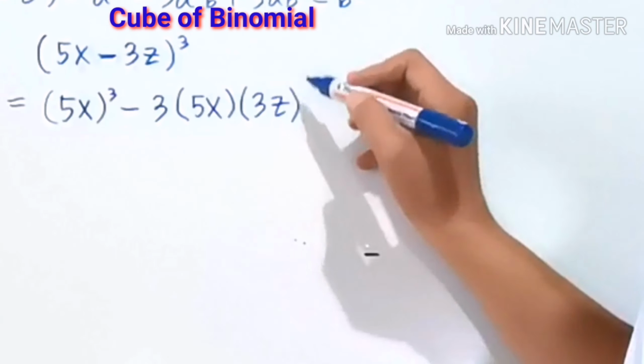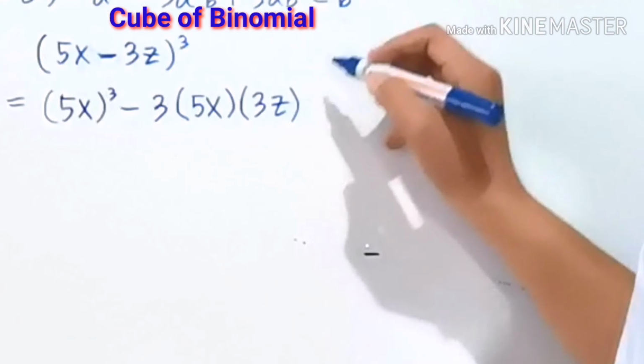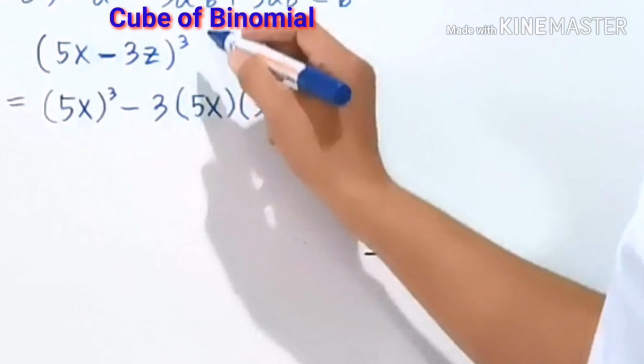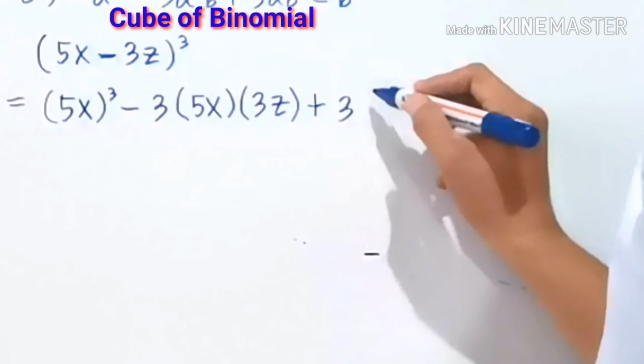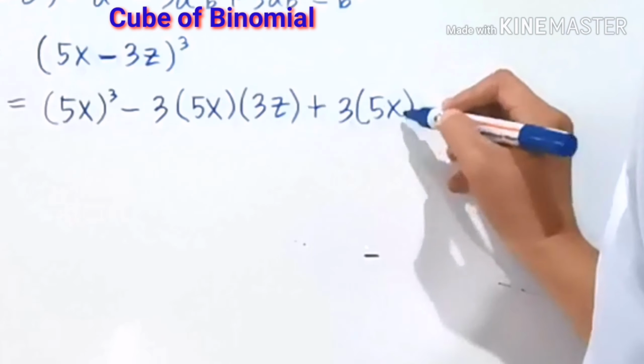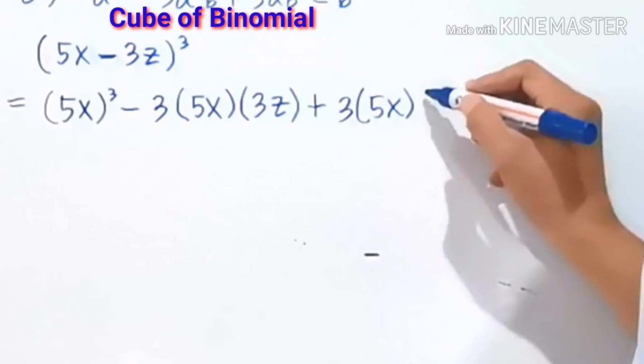We have the value of b, 3z, then we have plus 3, the value of a again is 5x, and the value of b again is 3z, but in this case the value of 5x is raised to the power of 2. On the other hand, the value of 3z is raised to the power of 2, minus the value of b, 3z cubed.